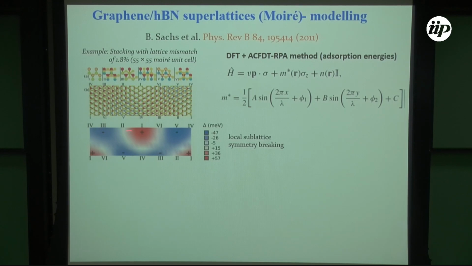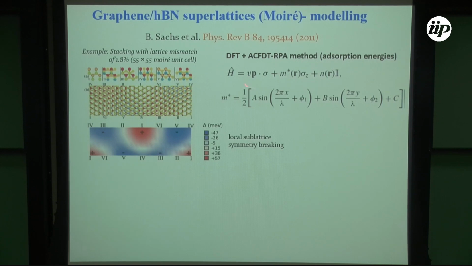And this is actually a very important result, which is the local gap that is created in relation with the moire pattern. So it's not completely homogeneous, but it's aligned in the system depending on the geometry of the moire.